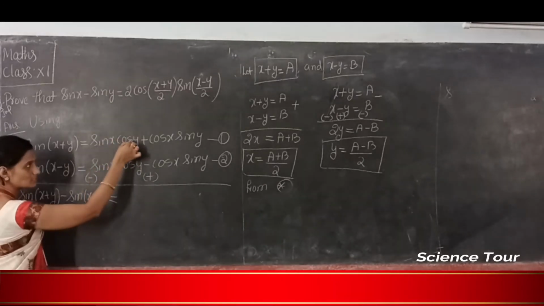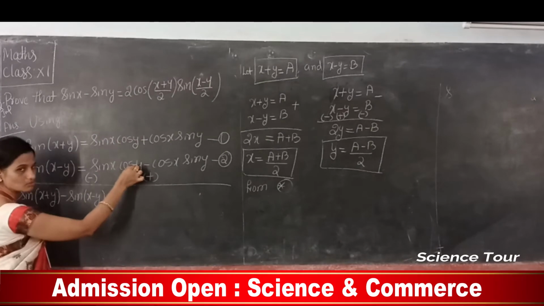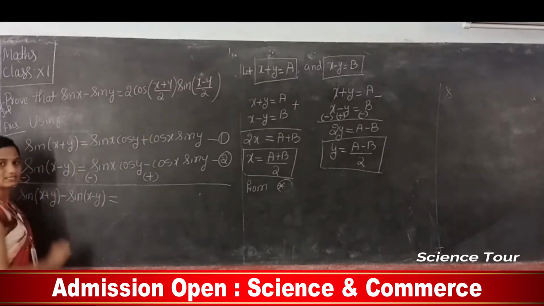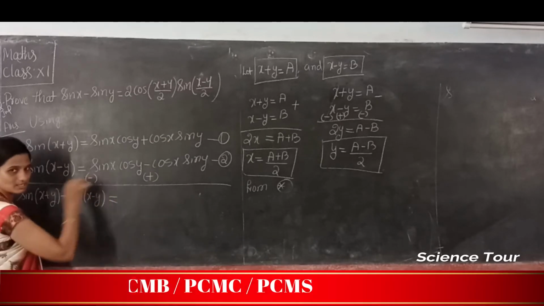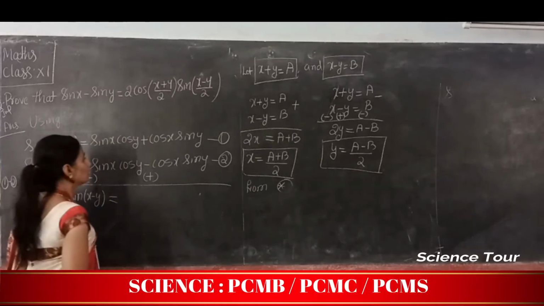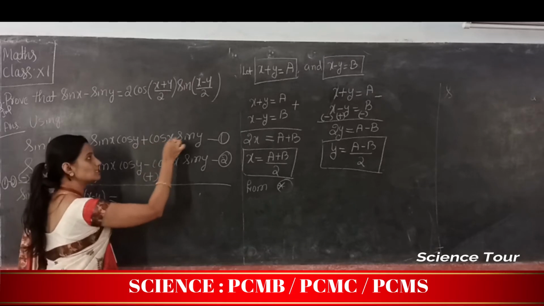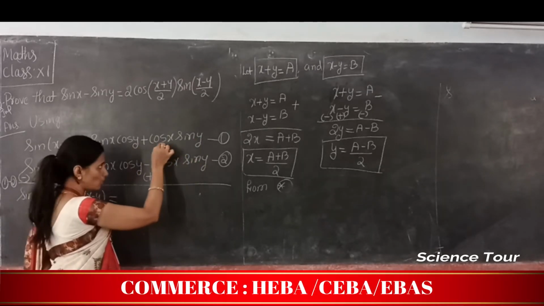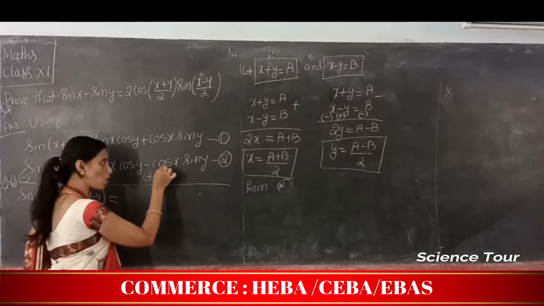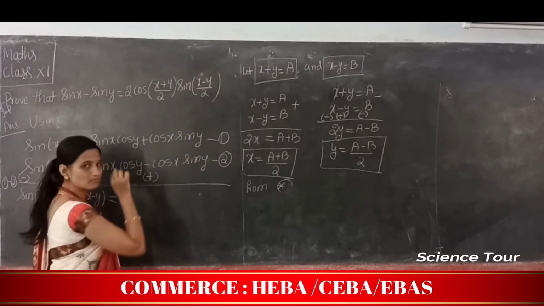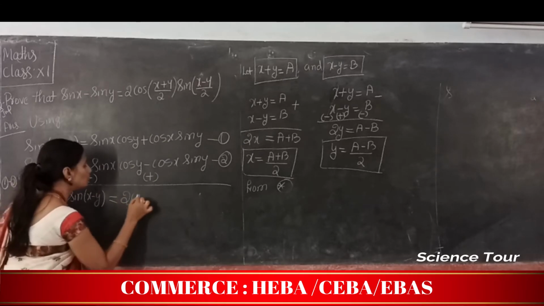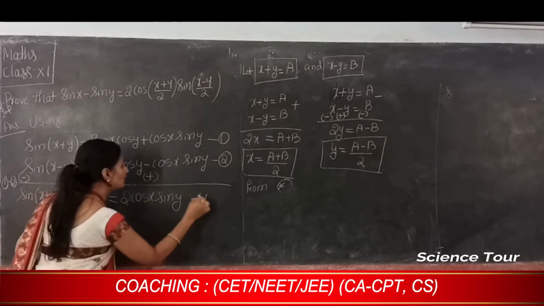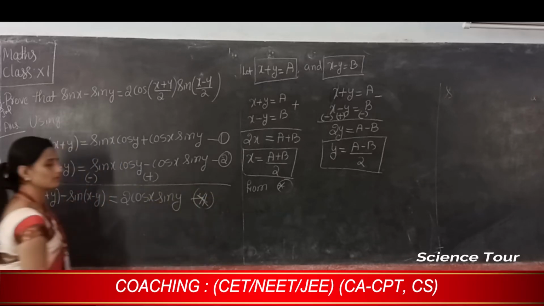Same, but one is plus, one is minus, so both cancel, means answer 0. That I am not writing. Next, plus cos x sin y plus cos x sin y, and it is plus, means the answer is 2 cos x sin y. Let it be equation number star.